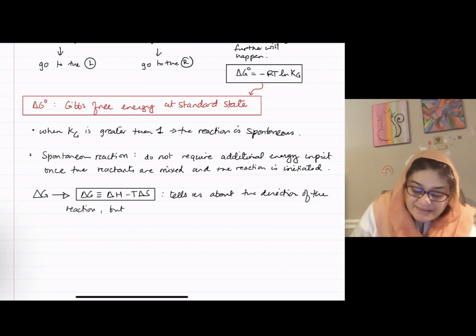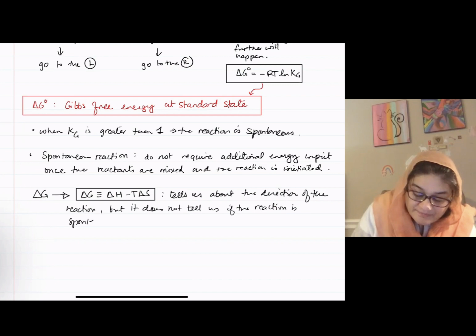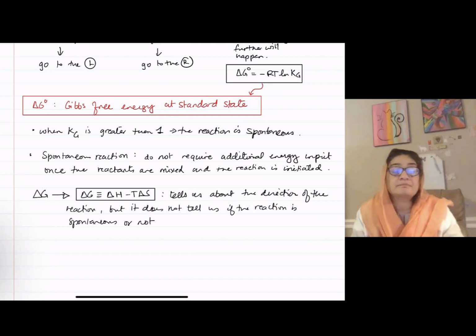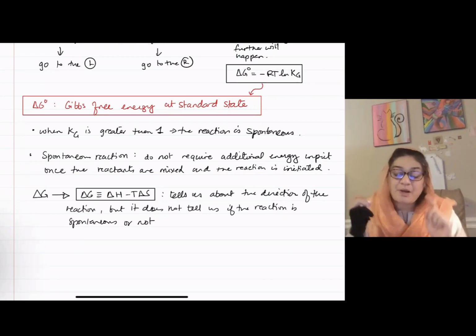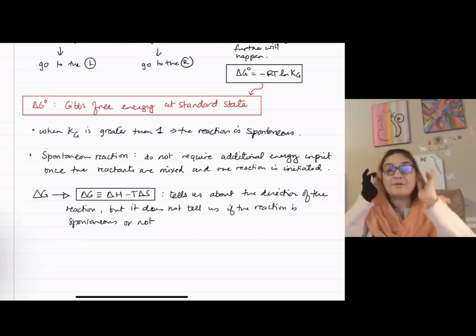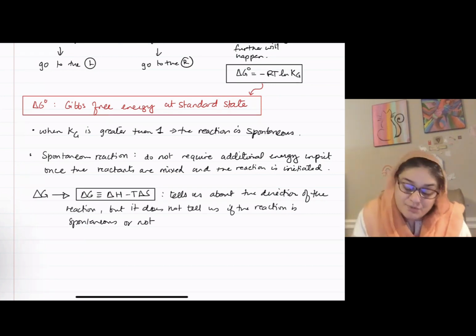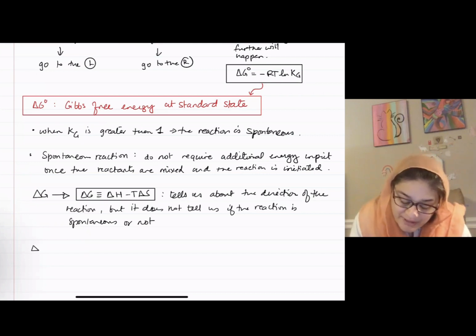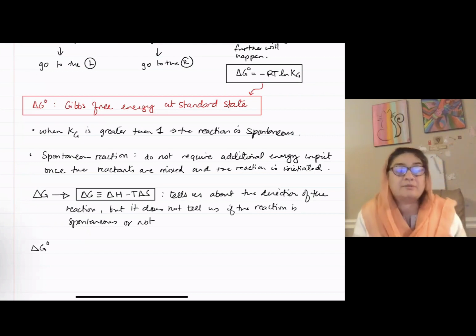But it doesn't tell us if the reaction is spontaneous or not. So how do we find whether the reaction is spontaneous or not? In order to do that, we have to use delta G0.